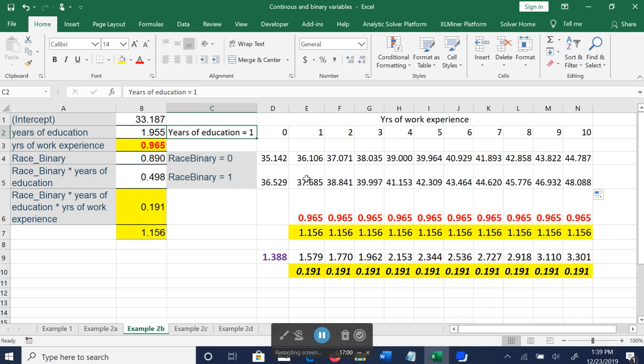How the income is going to change for this racial group with 1 year of schooling if they acquire additional years of work experience. We plug in the formula here. We subtract this from this. We copy the formula over. And as you can see, these correspond to this coefficient.